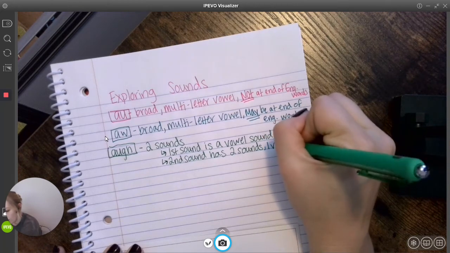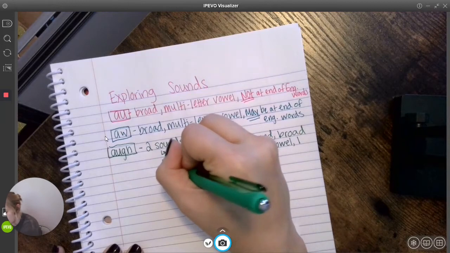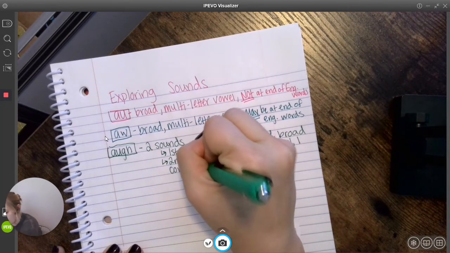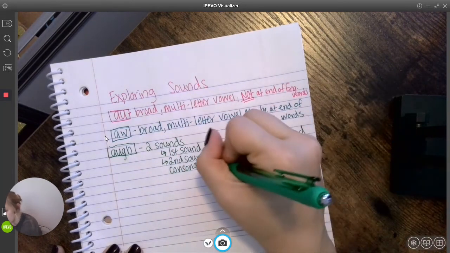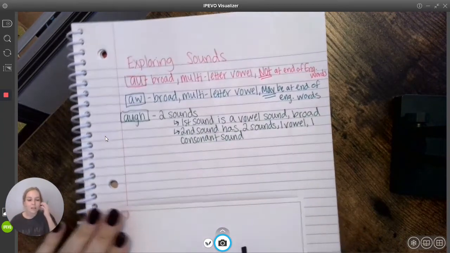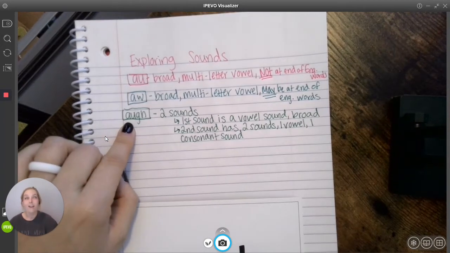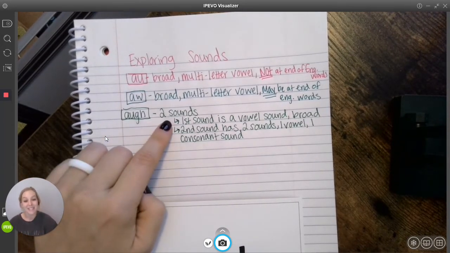And we're going to write one vowel, one consonant sound. So, AUGH has two sounds.